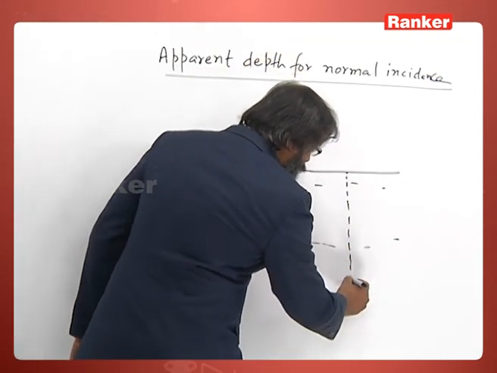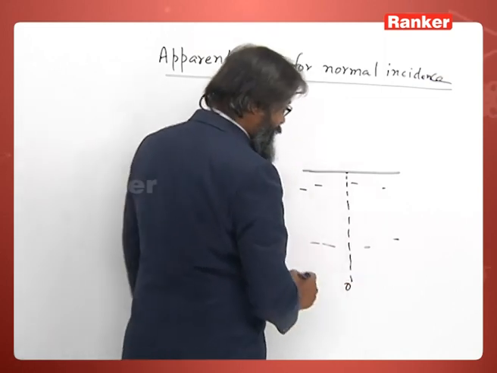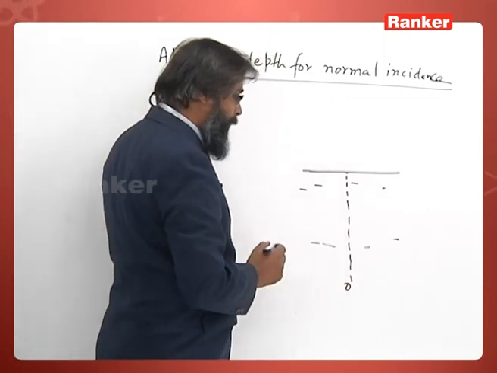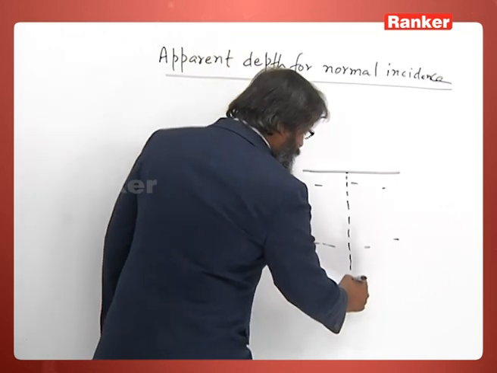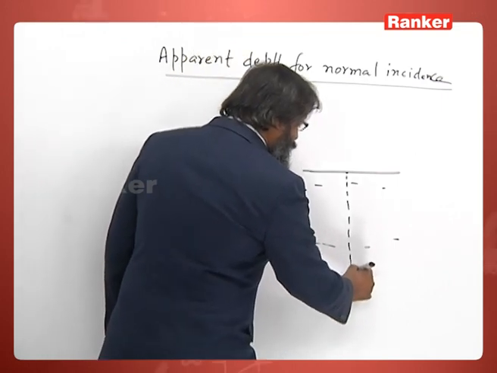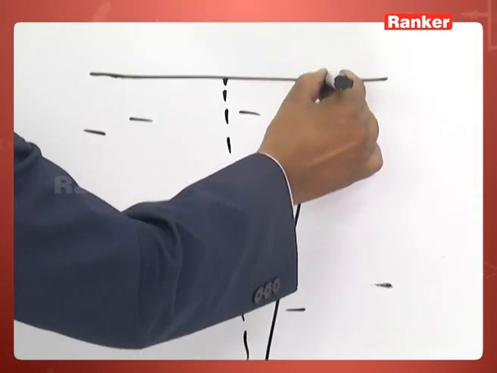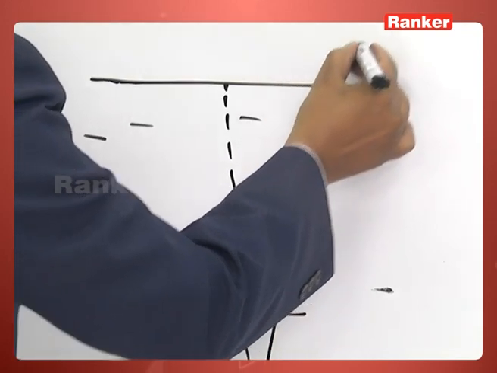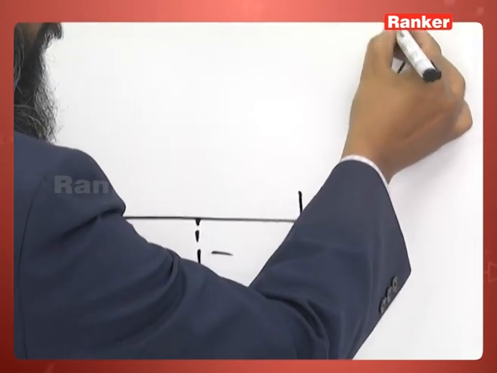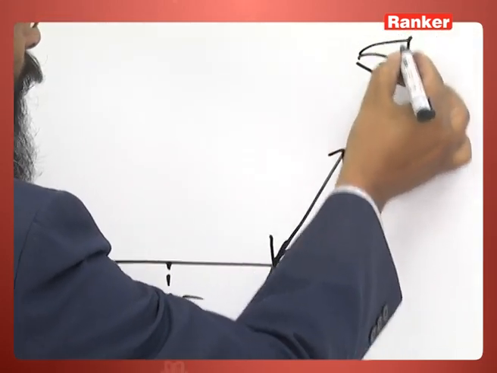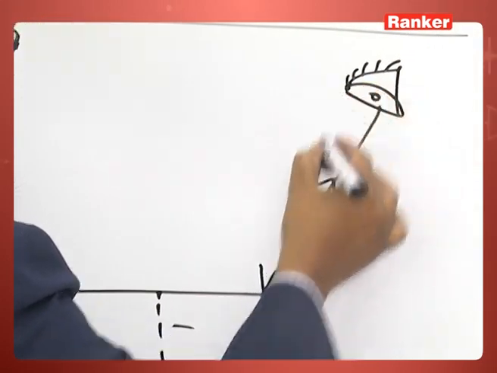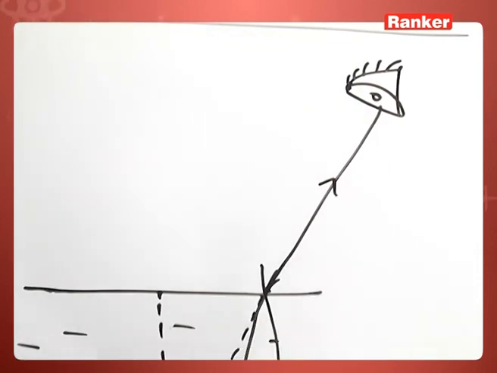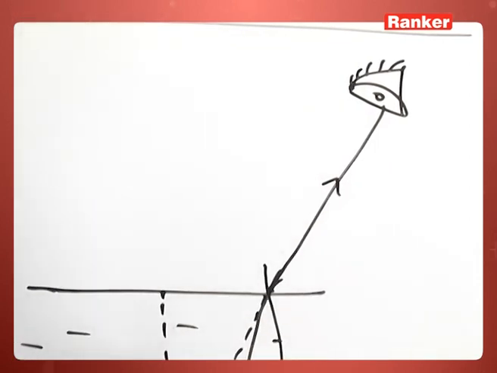Suppose we have an object O here, this height is h, and let us consider a paraxial ray. This is an exaggerated diagram, which further bends like this, and thus you see the image is formed.